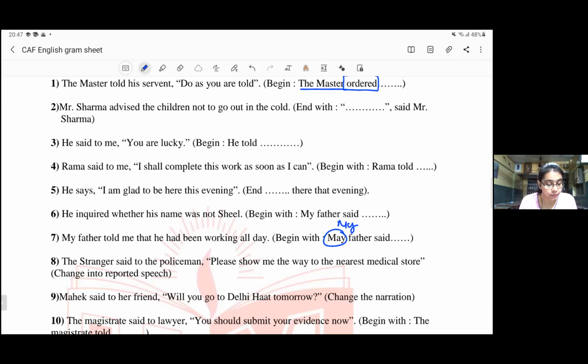Next, eighth one. The stranger said to the policeman, please show me the way to the nearest medical store. Change into reported speech.